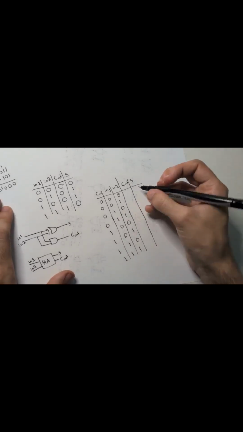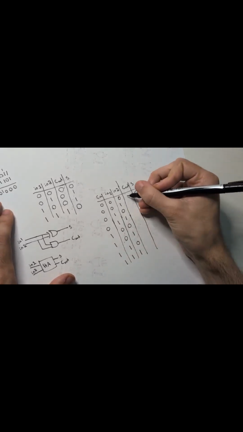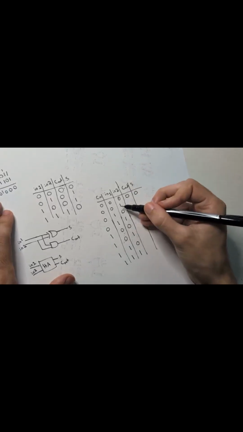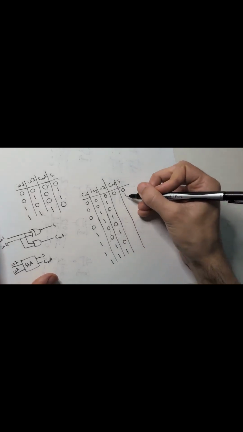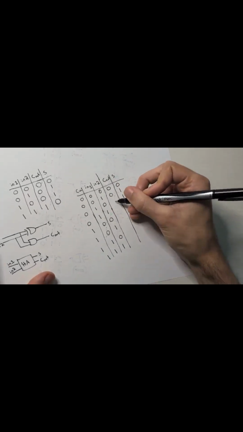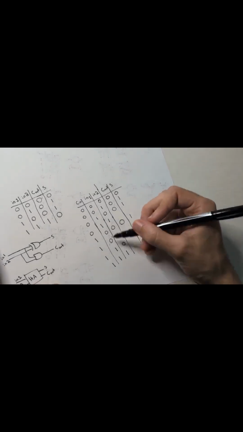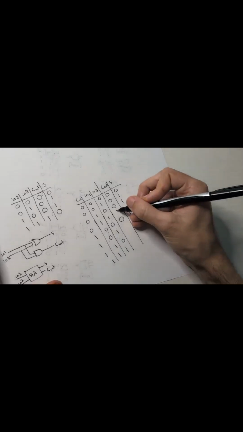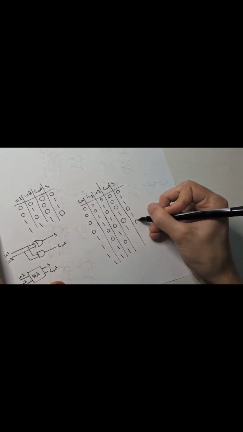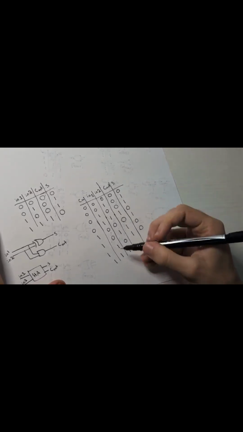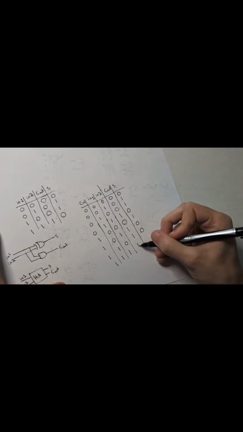If they're all zeros, then we have 0 sum, 0 carry out. If we have exactly 1, then we're going to have 1 sum and no carry out. We could do that for this one here. And if we have exactly 2 inputs, then we'll have 1 carry out and no sum. And if we have all 3 inputs, then we'll have 1 carry out and we'll have 1 sum.